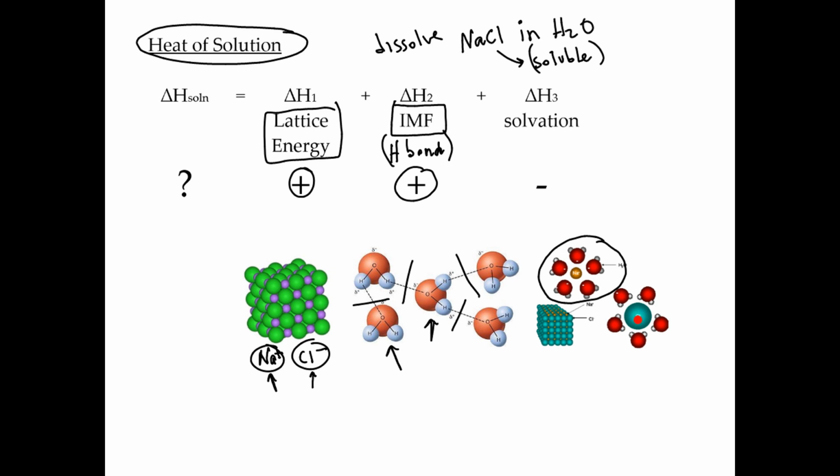And here is the Cl minus in the middle. It's going to be surrounded by the H's of the water because the water is polar, positive towards the H. So this process is going to be negative because we're forming these clusters of water around the ions.